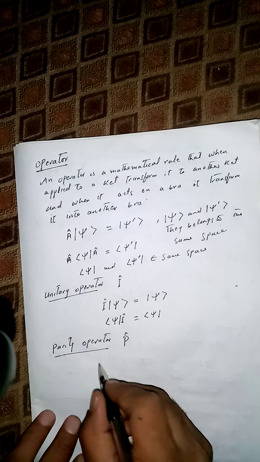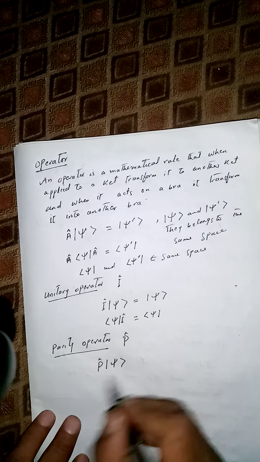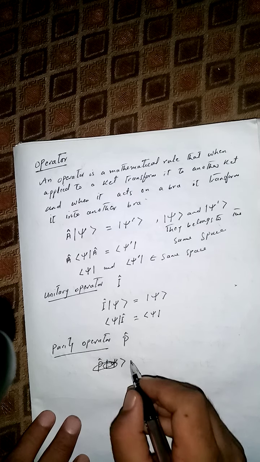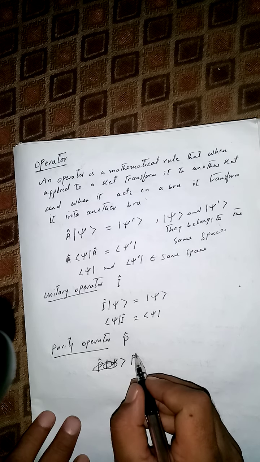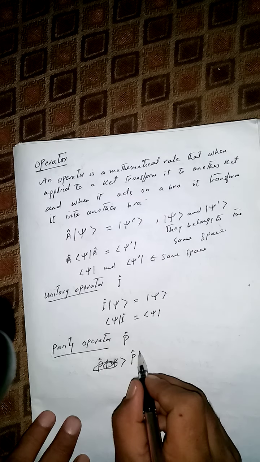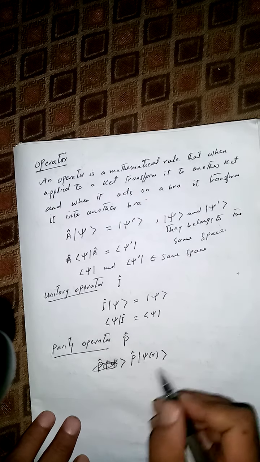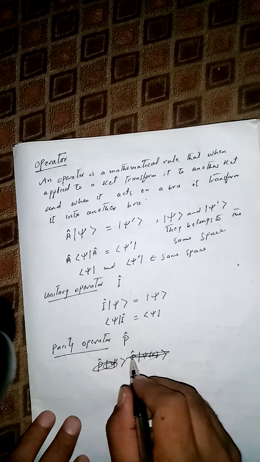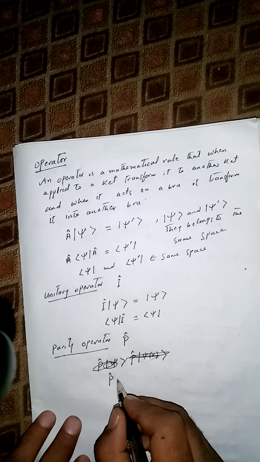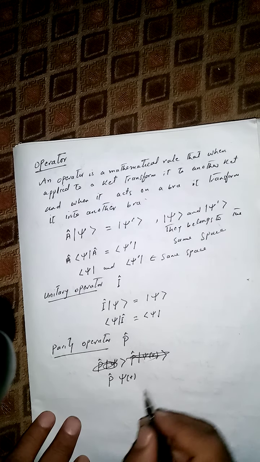And once this parity operator operates on a ket, but remember that the ket or the state vector is a function of position, I can write it as P acting on a state vector psi, which is a function of r.